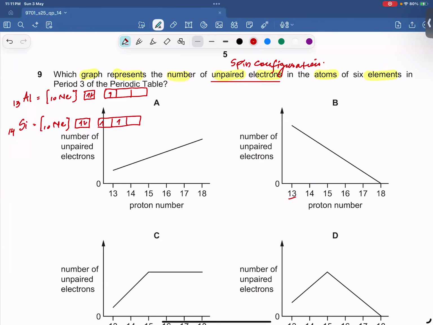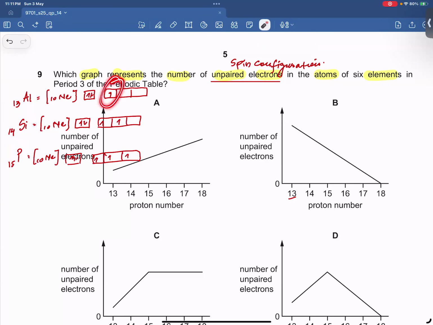And then we have 3p2. Then we have 15. 15 is the atomic number of phosphorus. So in place of 10 electrons, I will write neon, 3s2, and then 3p3. So basically we have 1 electron here, we have 2, and then we have 3. So the number of unpaired electrons increases, 2 and 3. All right.